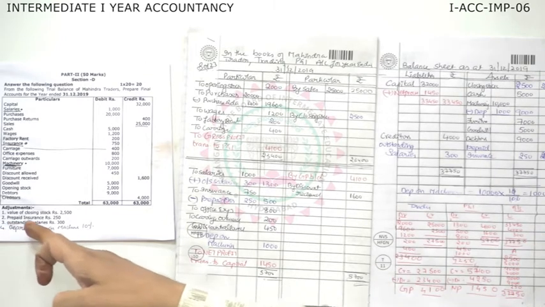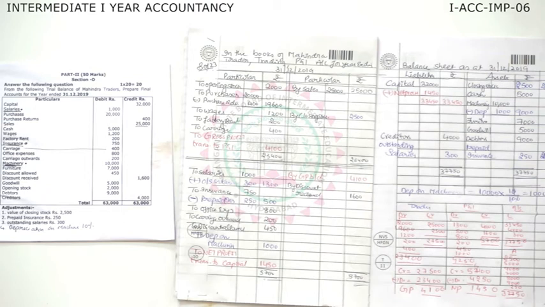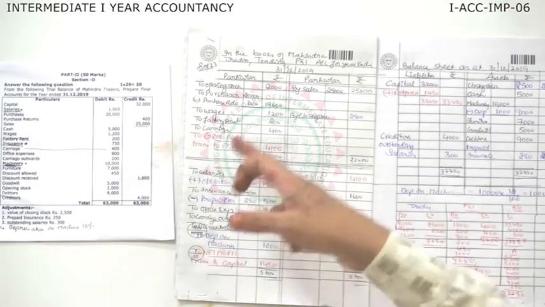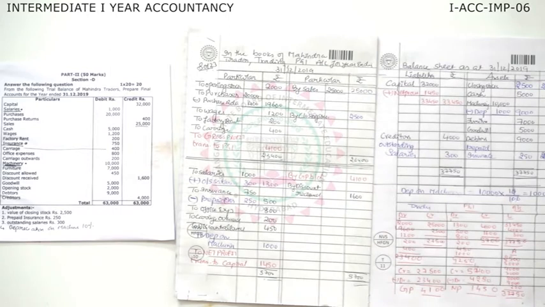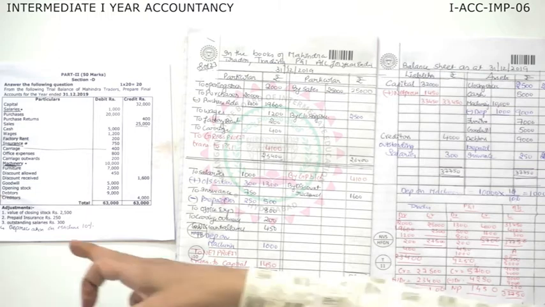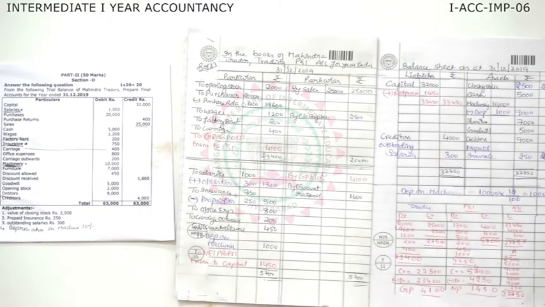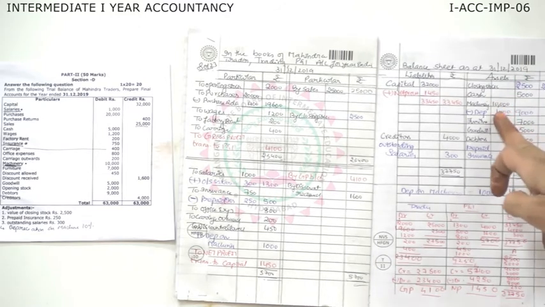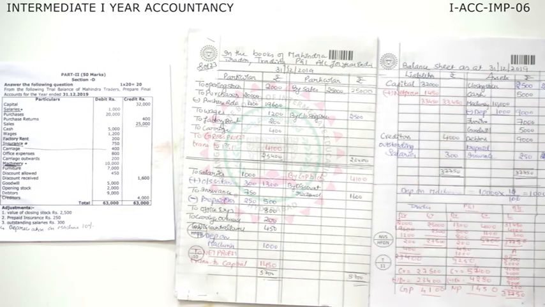Like that, when they give outstanding salaries, outstanding wages, outstanding rent, anything outstanding, you are going to add it to the respective expense item and show it as a liability. Then they may ask depreciation on asset, machine, furniture, anything. You will subtract from that particular asset item and debit to the profit and loss account.